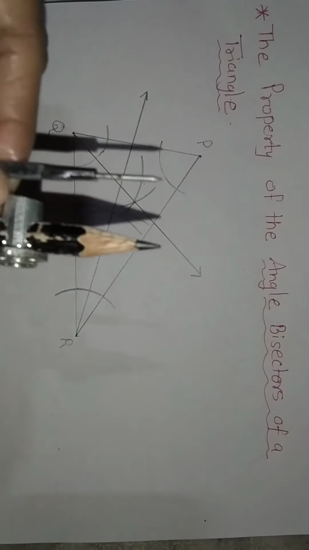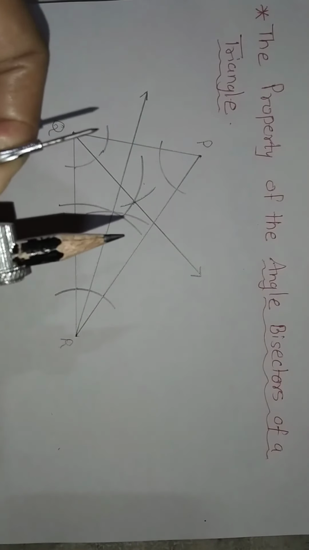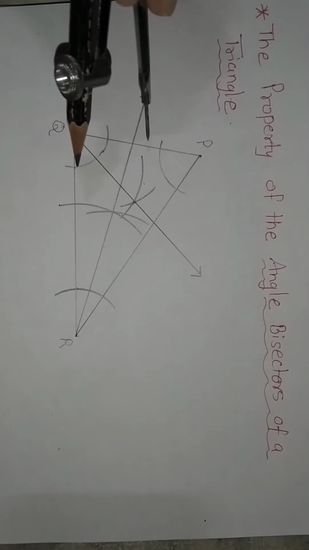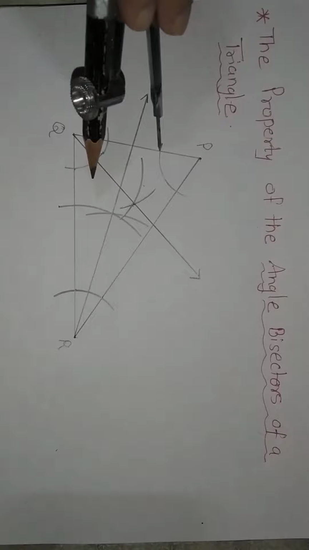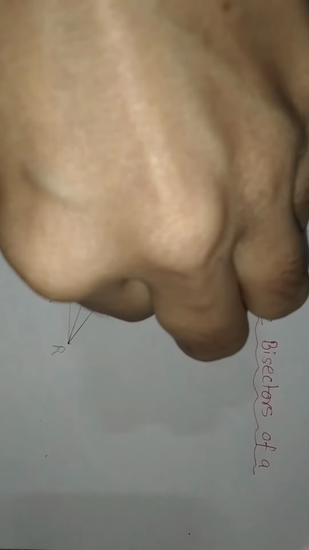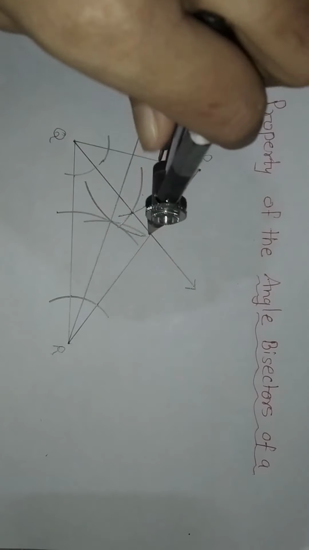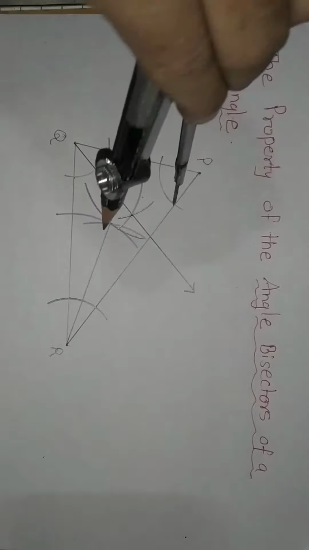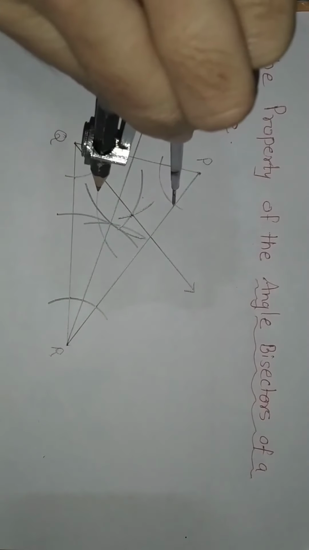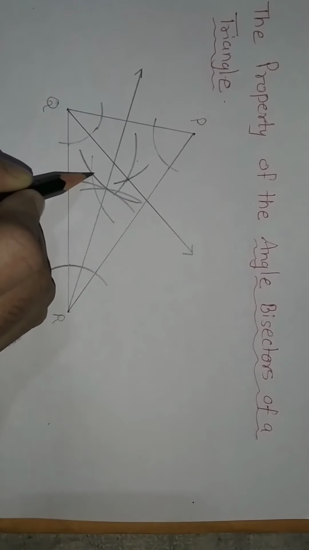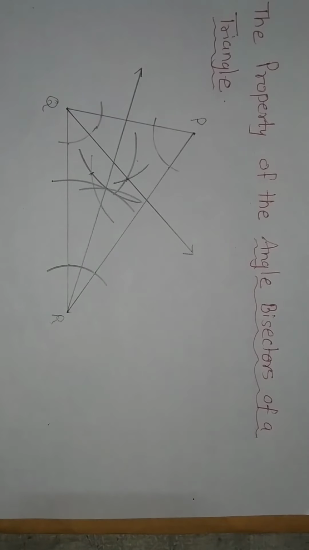Now take a little bit approximate distance in your compass, put one end on this point and draw one arc. Now put the compass other end on the other point and draw one more arc. Here I got the intersection point of these two arcs, which exactly cut each other at this point.